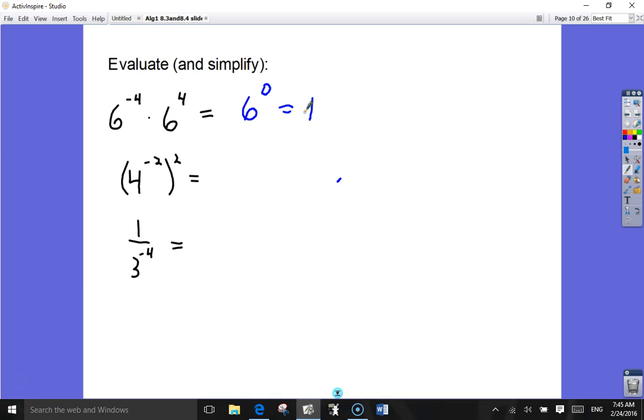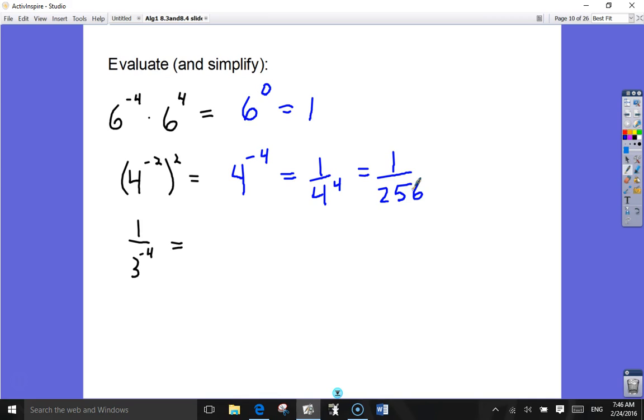Negative 4 to the negative 2 squared. Multiply, right? So that would be 4 to the negative 4. How do you simplify that? You make it 1 over 4 to the positive 4. And then you can figure that out. 16 times 16. 4 times 4 times 4 times 4 is 256.